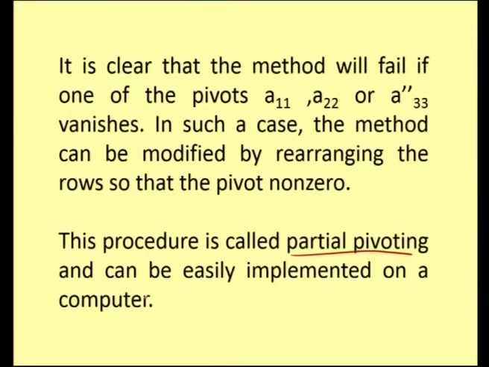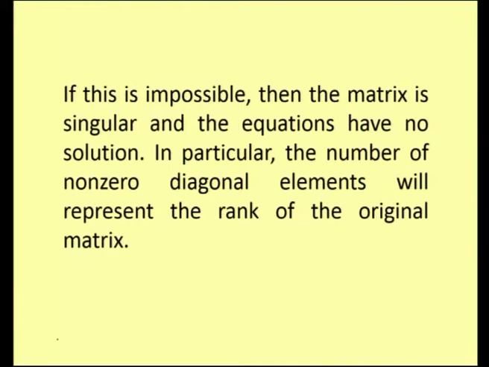This procedure is called partial pivoting and can be easily implemented on a computer, but this is impossible if the matrix is singular. If the matrix is singular, we would say the equations don't have a solution. In particular, the number of non-zero diagonal elements represents the rank of the original matrix and gives us the number of non-zero solutions for x, y and z of the linear system of equations considered.